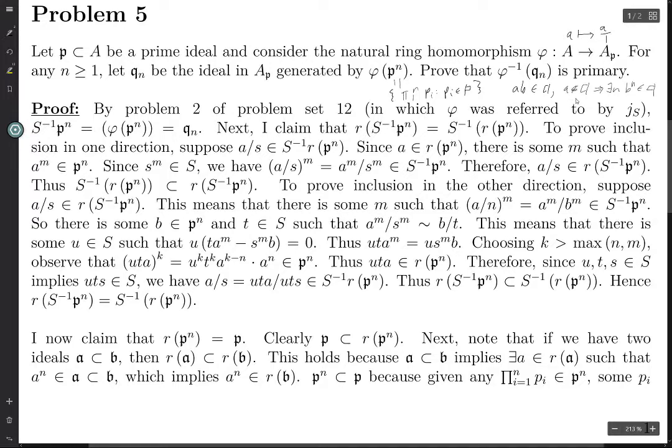So instead of, if a is not in the ideal, then b must be in the ideal, b itself need not be in the ideal, but some power of b needs to be in the ideal.